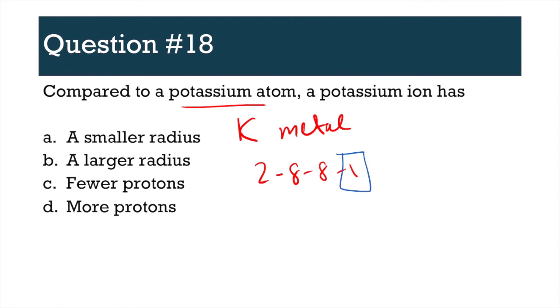Potassium does not, and neither do any elements except the noble gases. So you can either lose electrons or gain electrons. Looking at this electron configuration, it's easier for K to lose 1 electron than to gain 7, and that's how it is with most metals. Metals will lose electrons, so say goodbye to that.